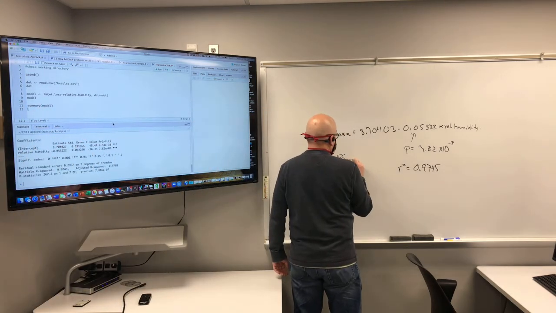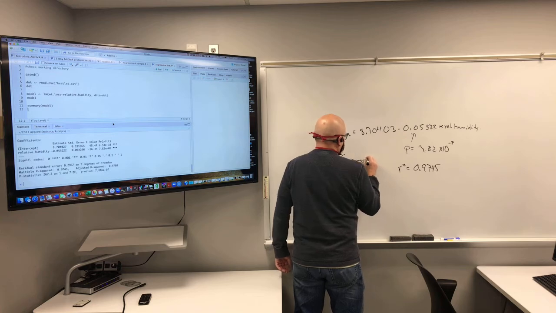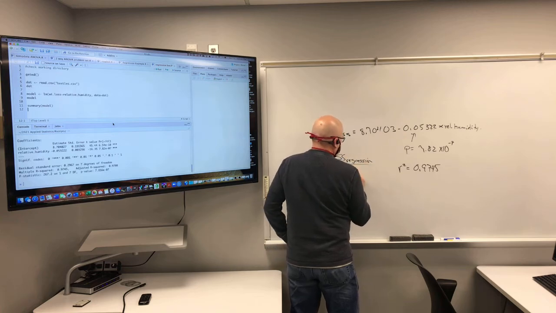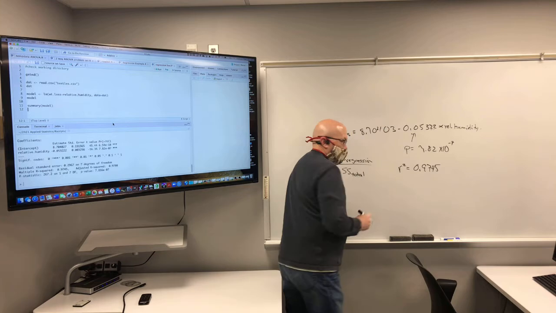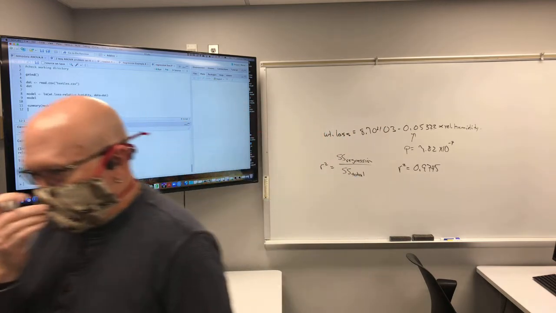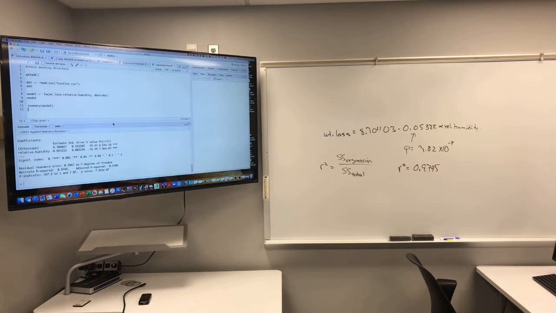Yep, that is exactly what it is. Do we find sums of squares anywhere in this output? We do not.